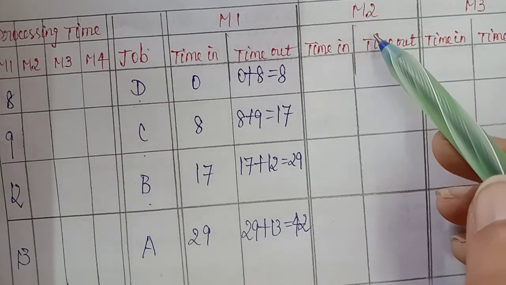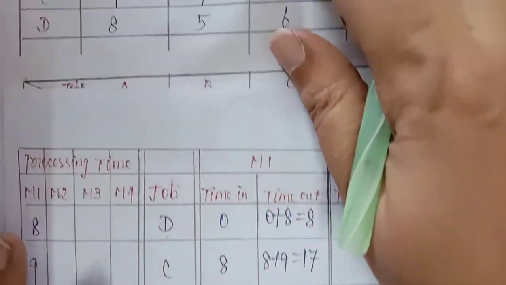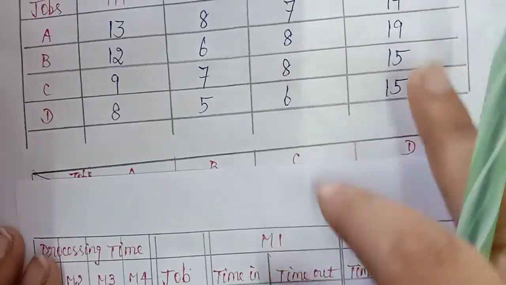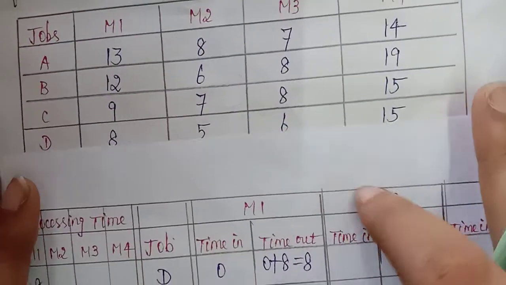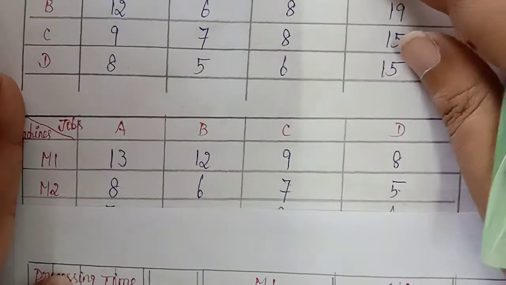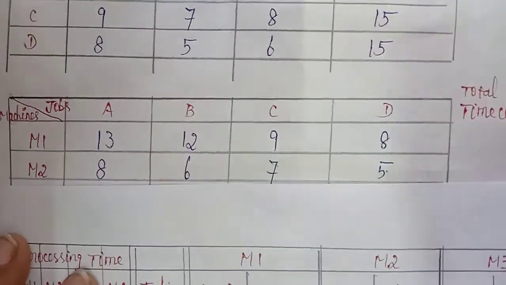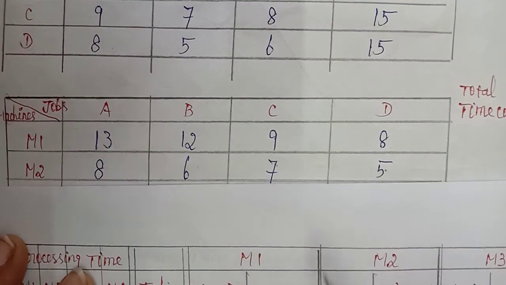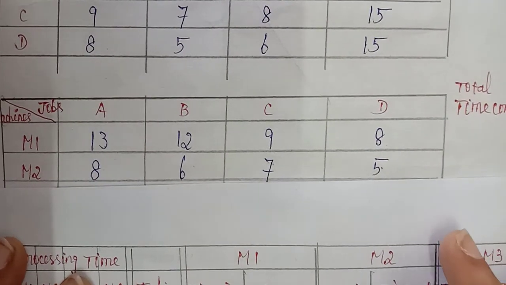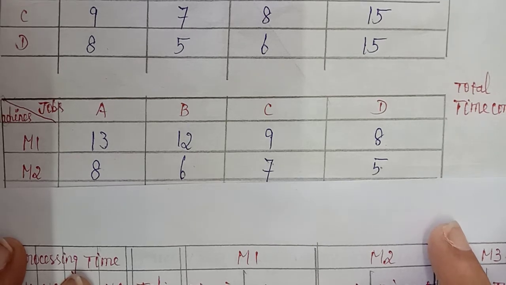The same way you have to do for M2. So for M2, D the processing time is 5, C the processing time is 7, B the processing time is 6 and A the processing time is 8.